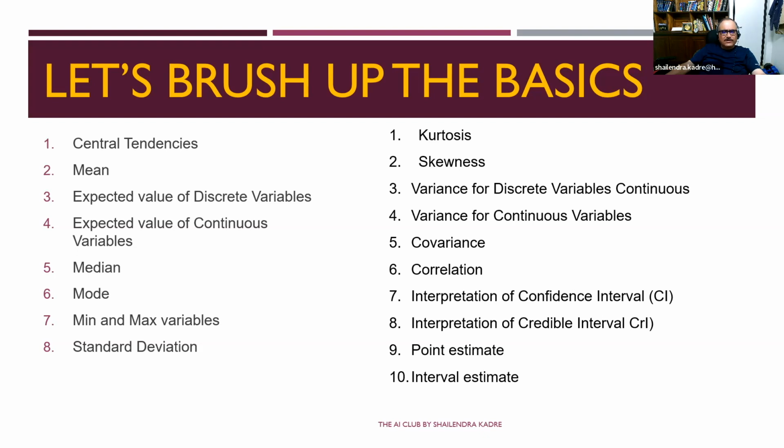Not all of them: items 7, 8, 9, 10 on the right-hand side you might not have studied, like what is a confidence interval, what is a credible interval, point estimate, interval estimate. These are new. But all the left-hand column and up to item 6 in the right-hand column, correlation, you have studied in some form. But some dust has deposited on them, and many of these concepts you have not forgotten, but they are blurred in your mind.